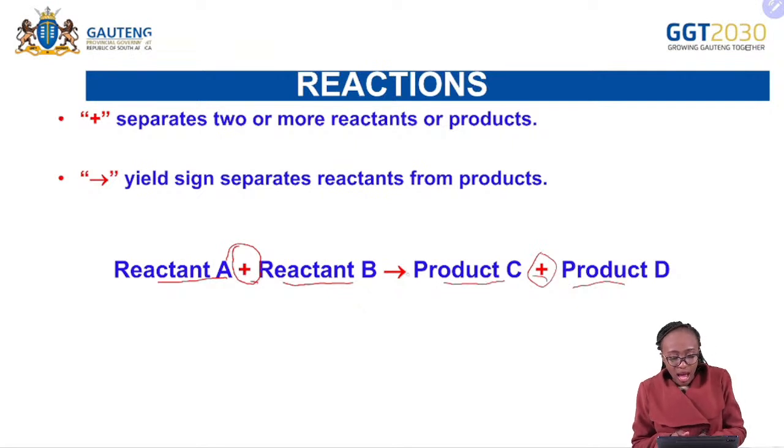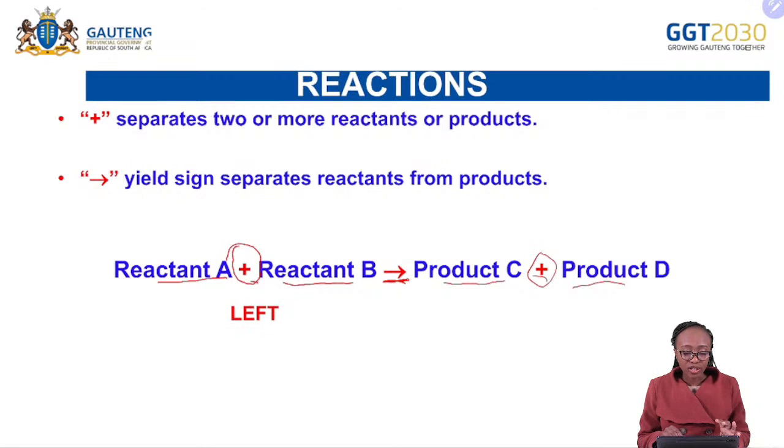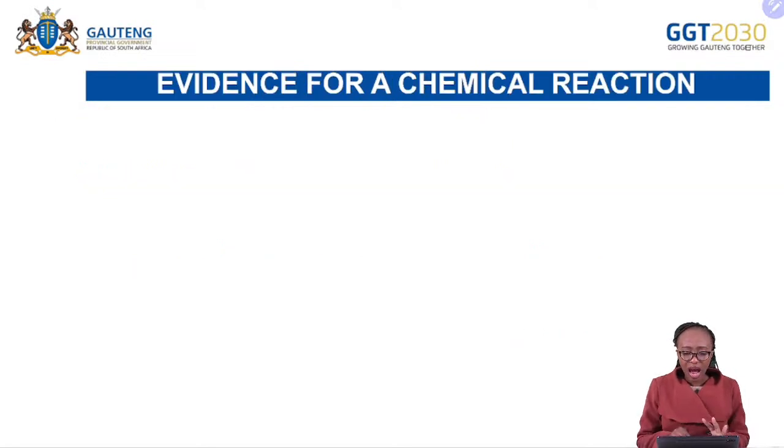And then we have our yield sign. This is something for you to note. It is quite important. In a chemical reaction, the reactants are always on the left side of the arrow, and the products are always found on the right side of the arrow.